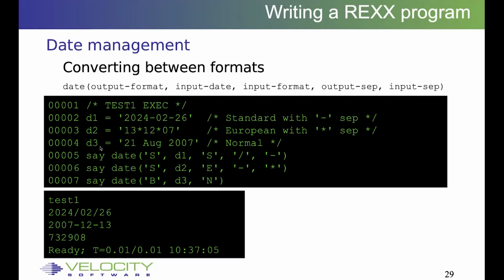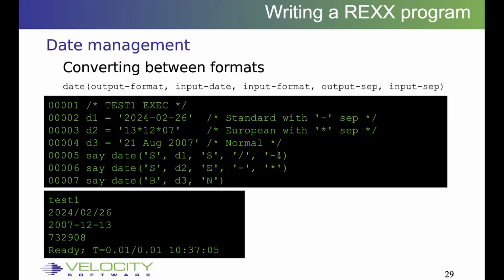Okay, now lines 5, 6, and 7 do some date conversions. Let me start here. The input format of D1 is S, which is standard. The output format that we want to display is also S. The only thing we're going to do is change the separators.